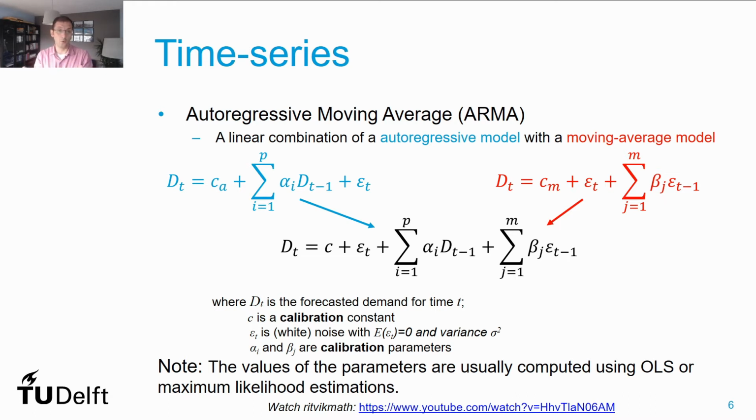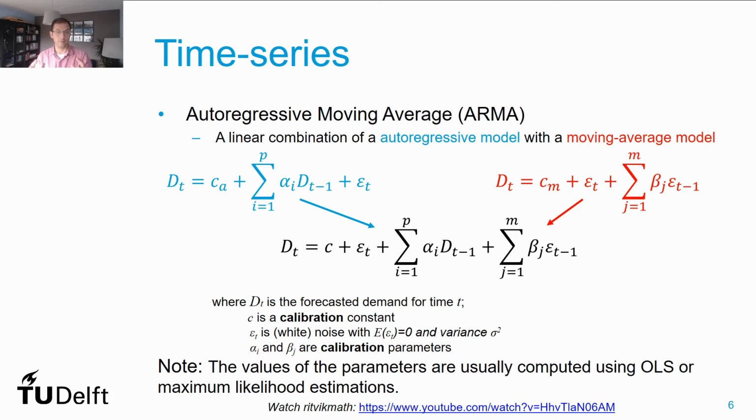This is the blue part, the autoregressive model part of the ARMA technique. We also assume that there is a linear relation over time on our errors, what is called the white noise, used here as a parameter epsilon. This is the moving average model, and it's expressed there in red.